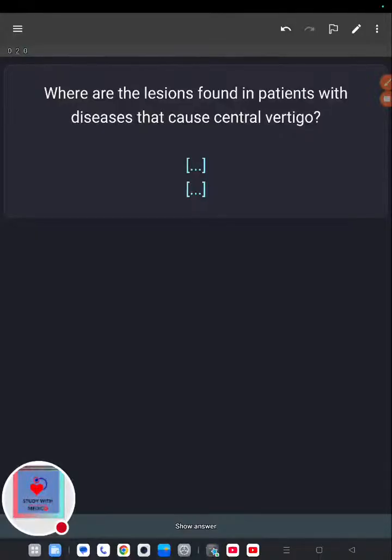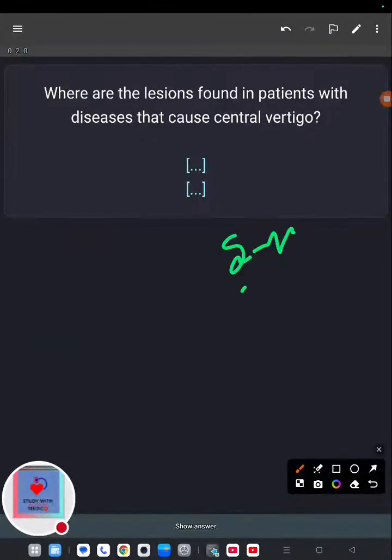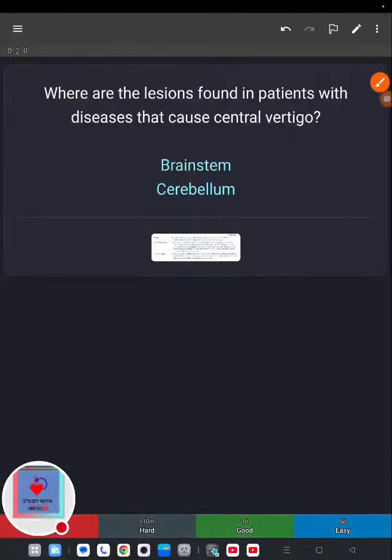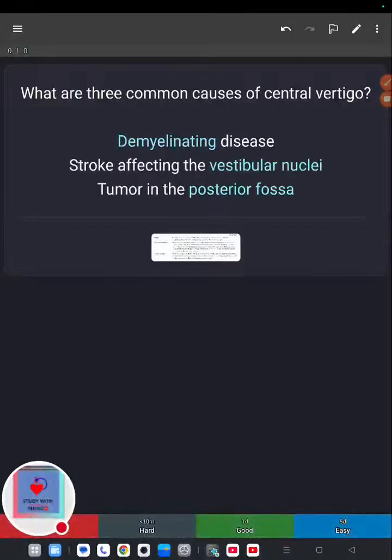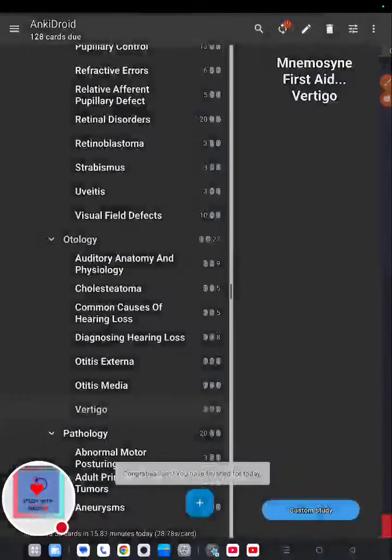Brainstem and cerebellar lesions, involving the vestibular area: stroke involving the vestibular area, posterior fossa tumors, and demyelinating diseases. Remember, speedy, cerebellum. We have discussed the three common causes of central vertigo. Okay, now moving on.